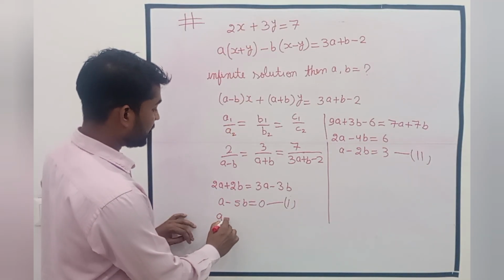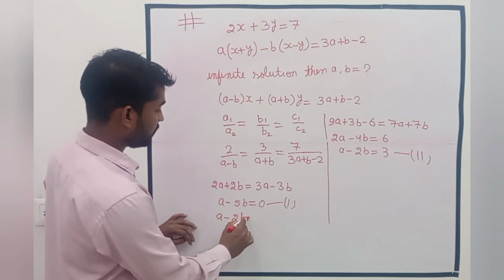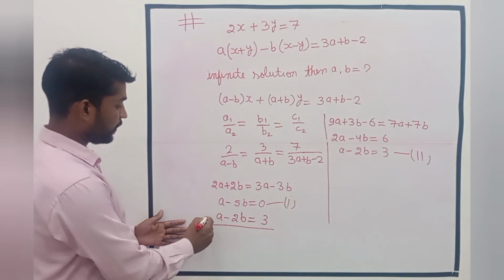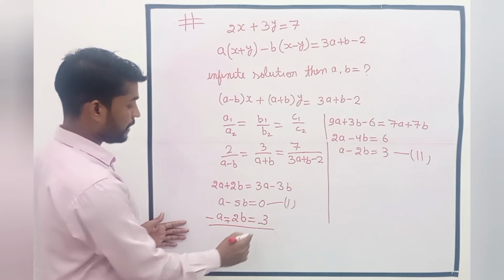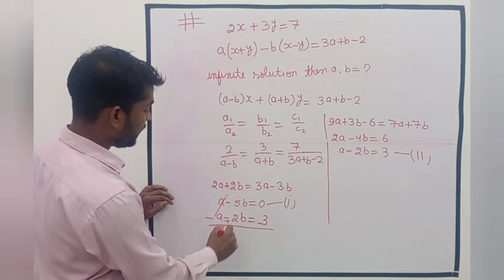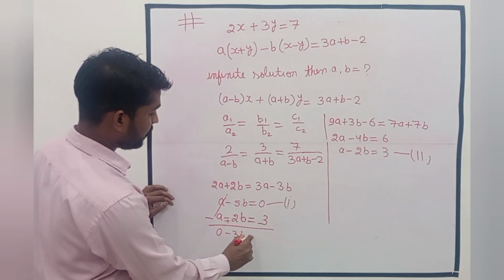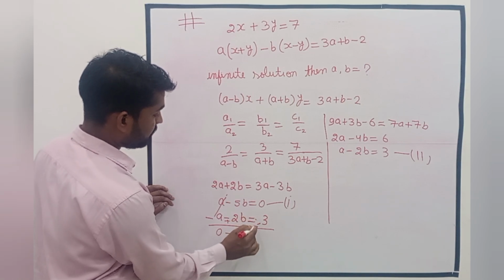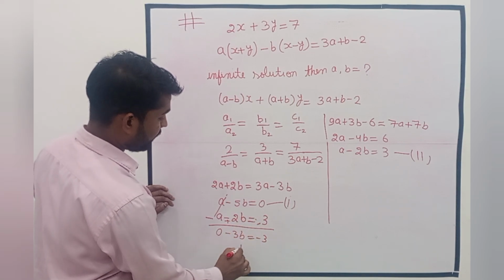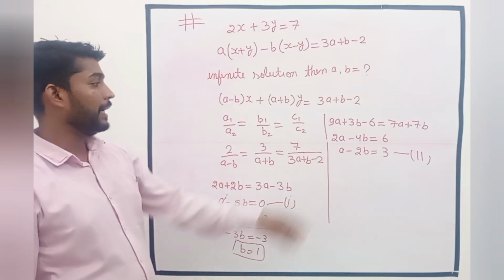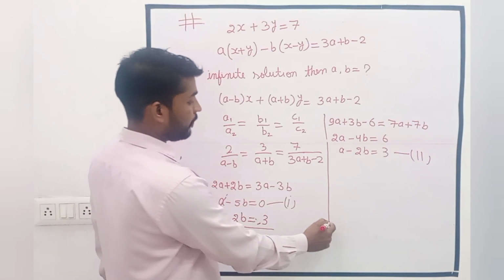Again apply the elimination method, and we will subtract, minus plus minus, then cancel out this, and we have 0, and here is minus 3b, and here from minus 3, and the value of b equal to 1, and this value we can put here, either here or anywhere else, and then you get the value of a.